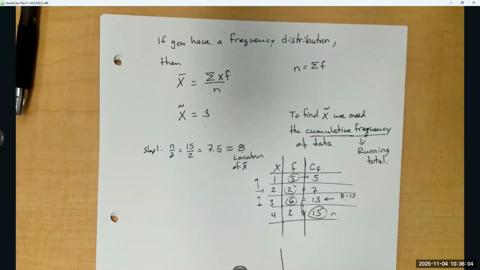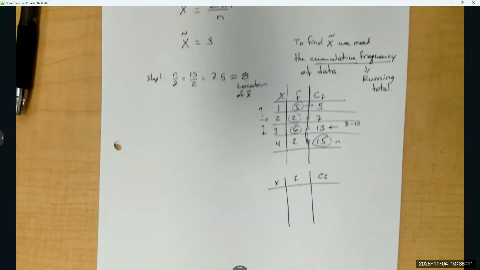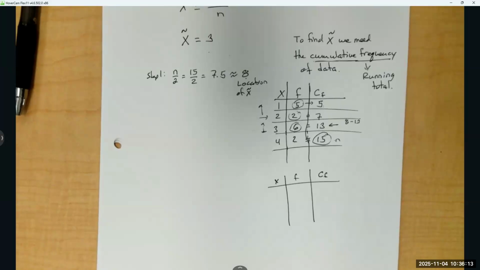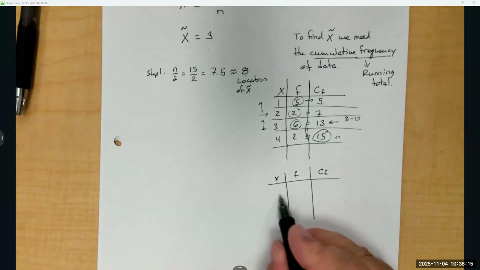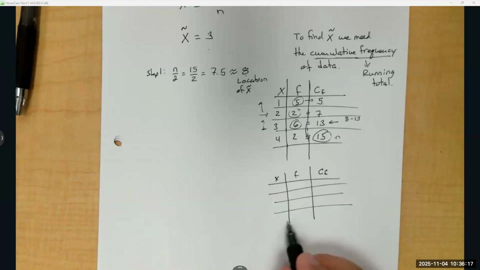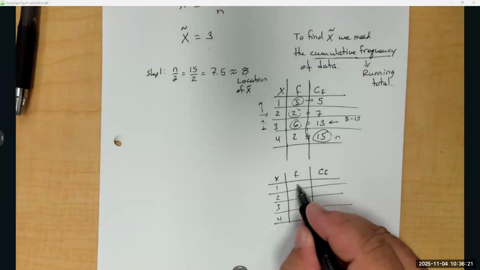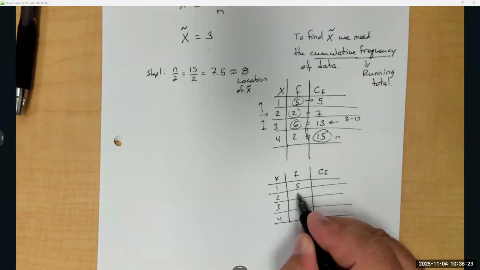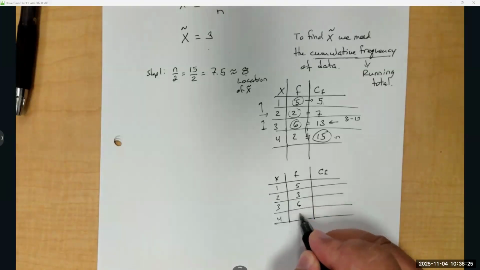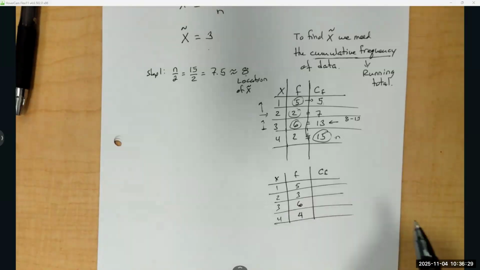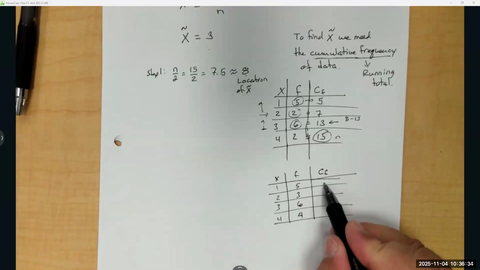Okay, what if we had an even number of data points? One, two, three, with frequencies 5, 3, 6, 4. So in our cumulative frequency, what goes in the first row?